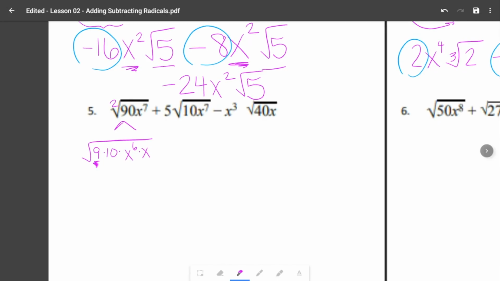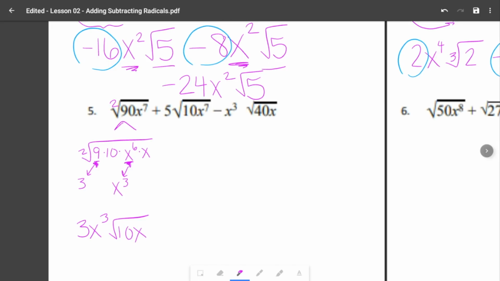And then we have a single x left over. So this x to the 6th is our perfect square. The 9 is going to come out as a 3. X to the 6th dividing by our index of 2, we get x cubed. Luckily, there is nothing in front of this radical that has to come down. So this one just becomes 3x cubed square root 10x.